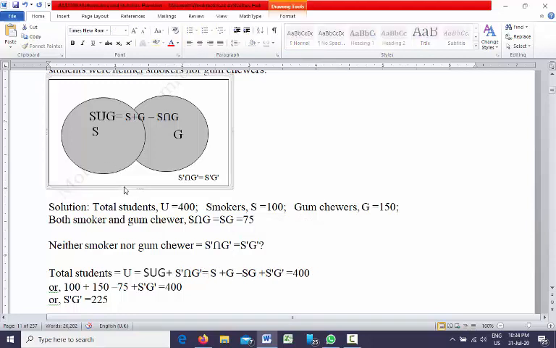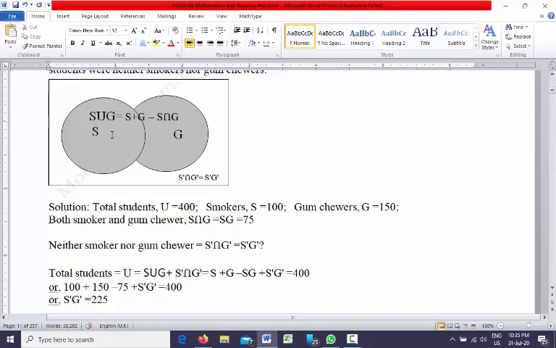Total student is 400, that means the total area occupied by the full rectangle. First of all, we will get the shaded area, and shaded area is S union G, and the white portion is S prime G prime.